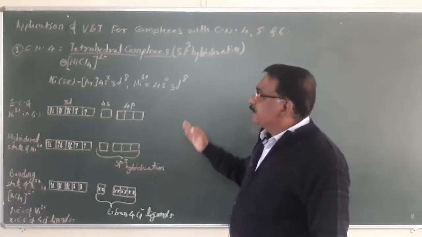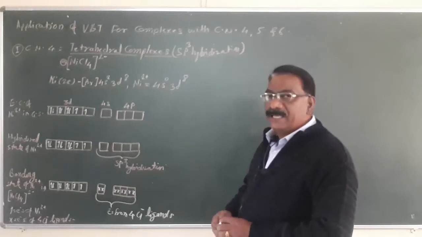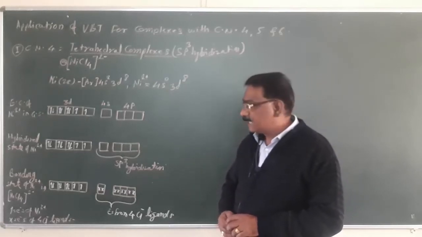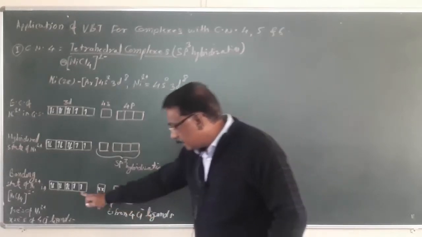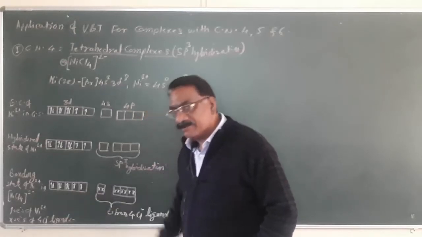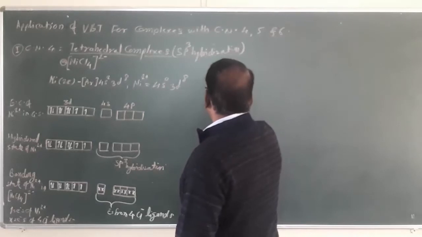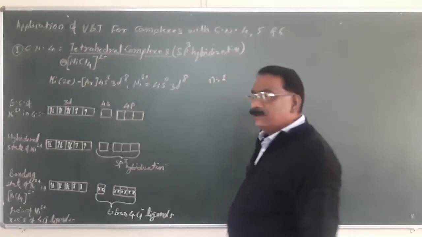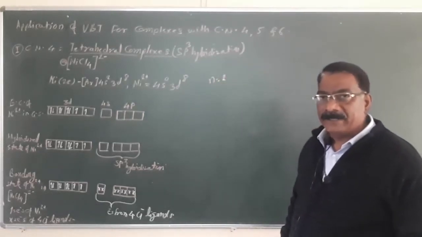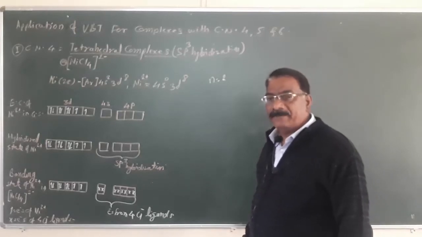When we see this valence bond theory, that is the VBT picture, it shows that in this complex there are 2 unpaired electrons. As there are 2 unpaired electrons, that means here n is equal to 2. When we consider its magnetic property, the magnetic moment can be calculated.